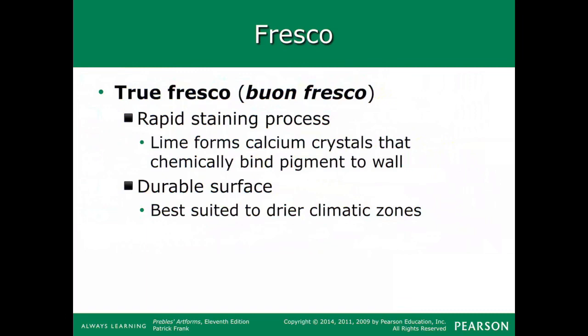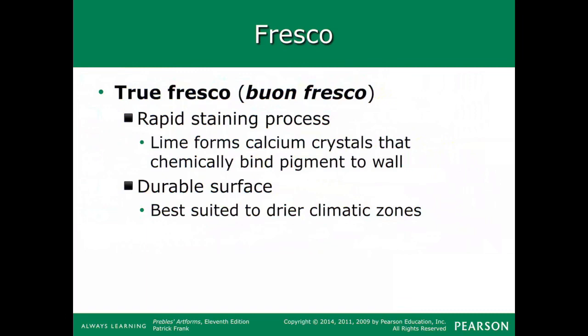Okay, and so, yes, they're using lime because it forms these calcium crystals that chemically bind the pigment into the wall. So they have the wall prepared, they, in a way, plaster it with this, or they apply this lime water over it so that when they start to paint, it creates a type of chemical bond.